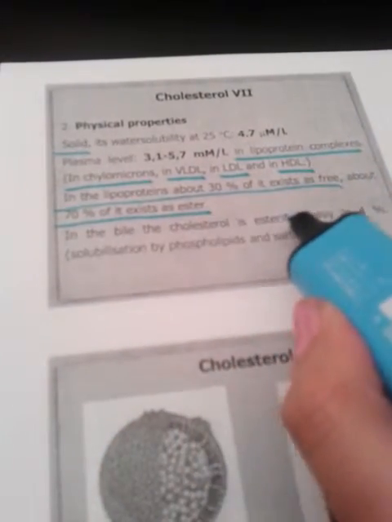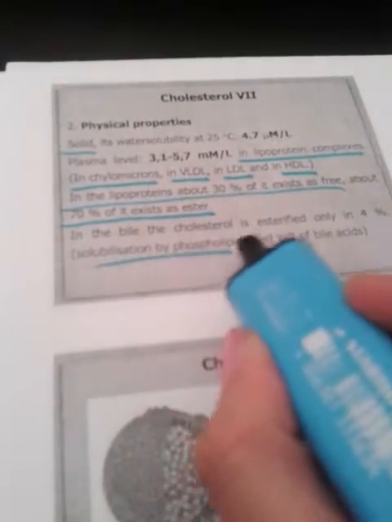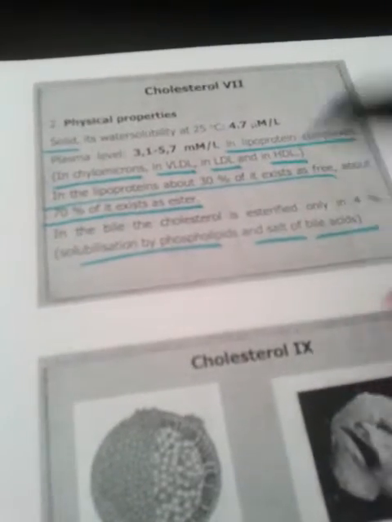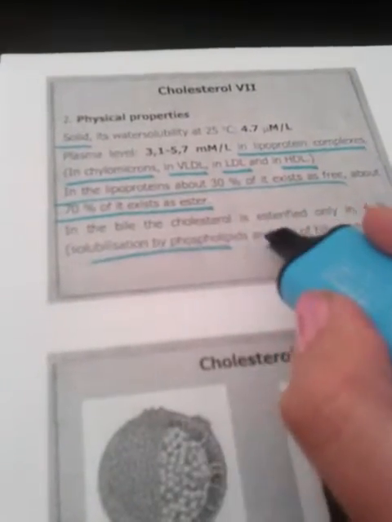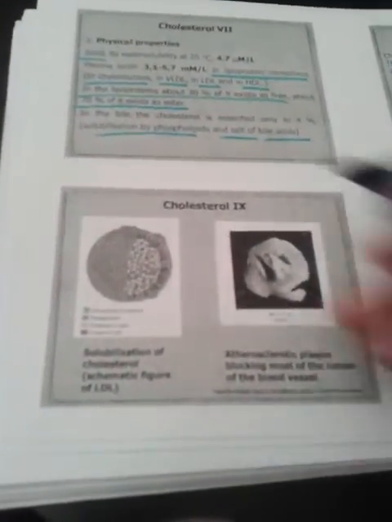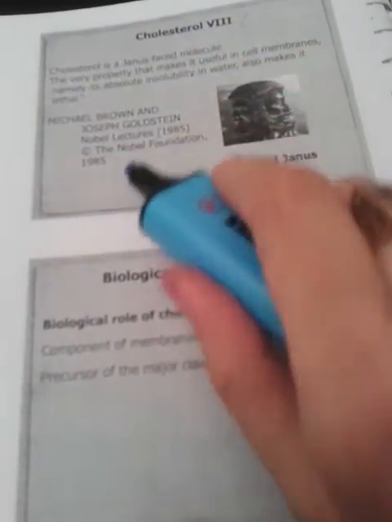In the bile, cholesterol is esterified only for 4%, and solubilization by phospholipid and salt happens because it's not soluble. If the cholesterol wants to be soluble, it should be solubilized by the phospholipid and salt. What is exam? These are information. Bluish is important, and 10% information. Cholesterol is an amphipathic molecule, the very property that makes it useful.